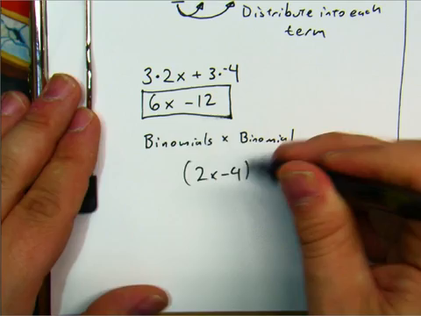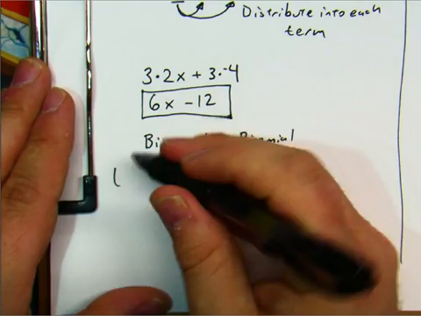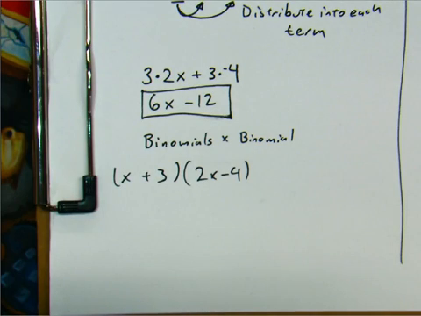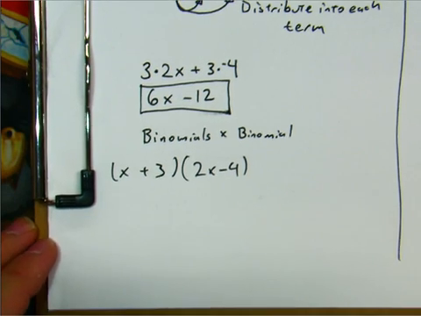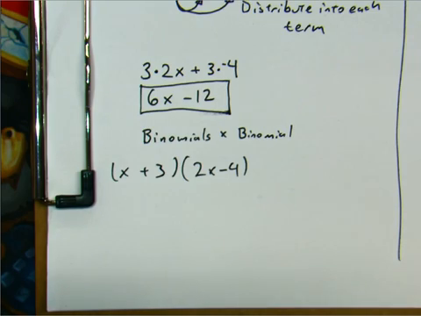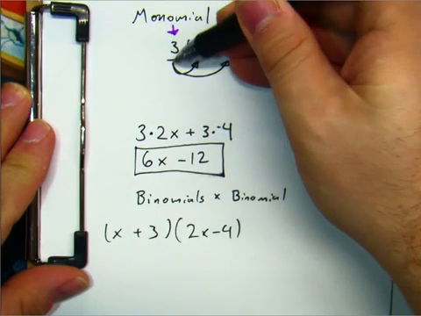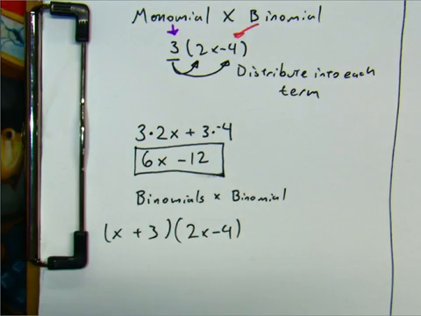But this time I might multiply it by something else. Maybe in this case it'll be x plus 3. Okay? So now I'm doing a binomial times a binomial. And so what does this mean? Well, when we look up here, we see that I took this and I multiplied it by each thing. That's essentially true here.